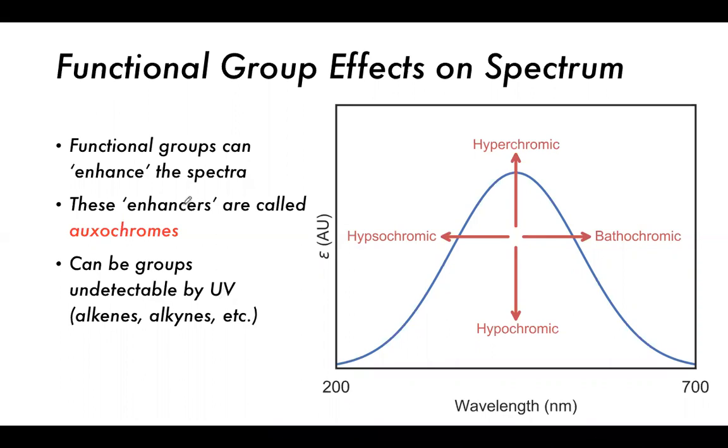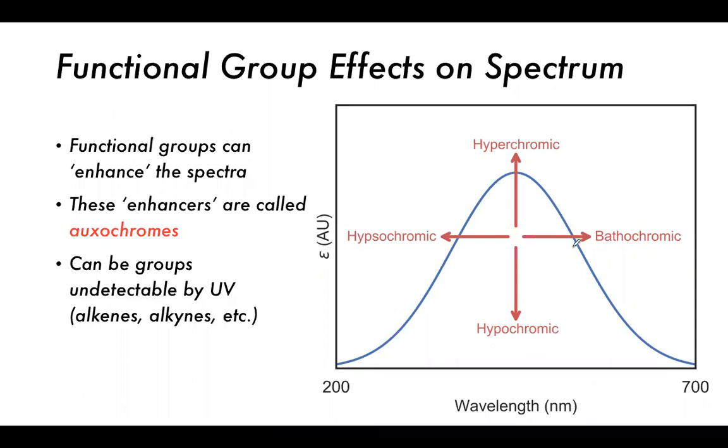So we can have different peak movements. For example, say we have this peak here in the blue. It can enhance the intensity of the absorbance, and that would be a hyperchromic shift. It can decrease the intensity, that would be a hypochromic shift. If you're familiar with osmosis and the words hyper and hypo, then that should be okay. Basically, hyper is increasing, hypo is decreasing.